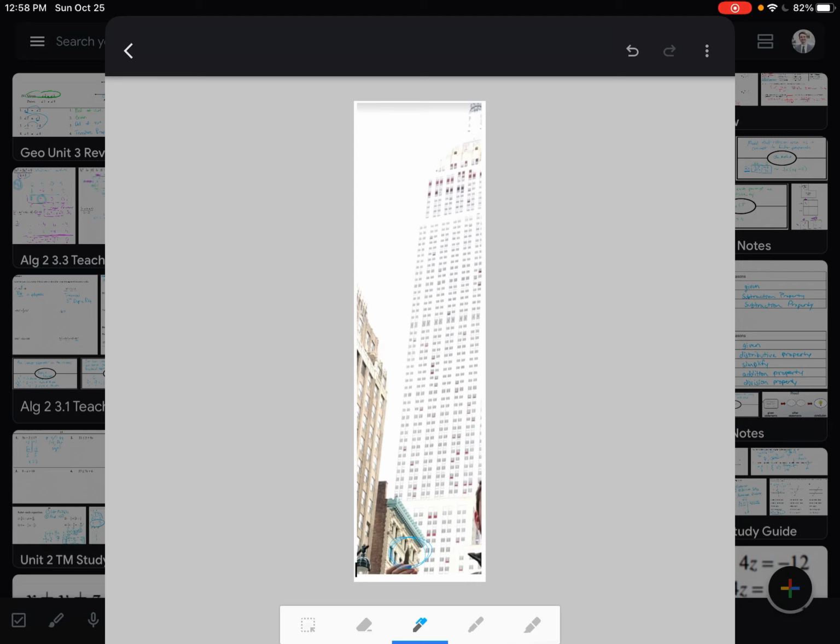I actually did go to New York City later that year, and I had my wife take a picture of me holding a little Empire State Building figurine right in front of the actual Empire State Building, because it's the perfect example of proportional reasoning and scale factor. If the Empire State Building is around 1,000 or more feet tall, and the figurine in my hand is about an inch tall, we're going to have a very large scale factor, probably in the 5 to 10,000 range times larger than the figurine.